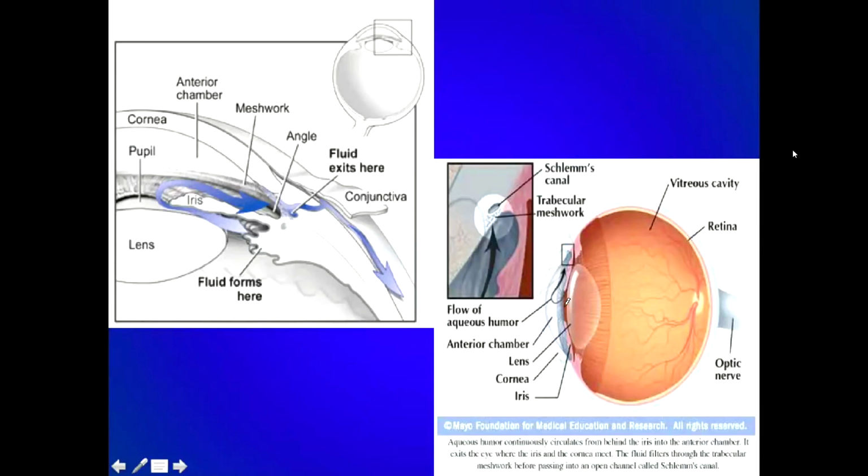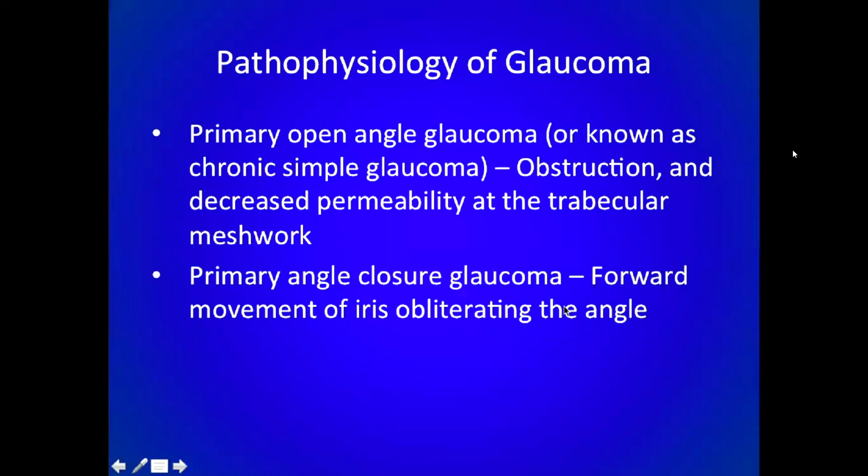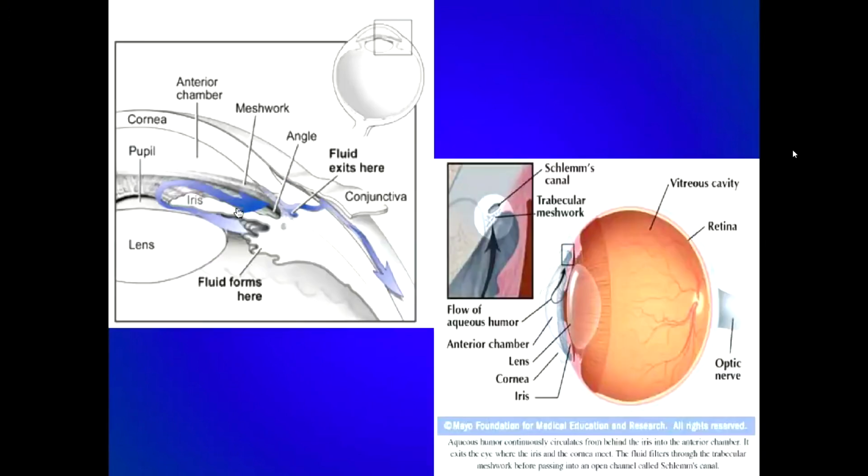Whereas if that is not closed, but the problem is somewhere in the reabsorption, then it is called open angle glaucoma, right? So can you see that? It's just a problem in reabsorption at the trabecular meshwork. Angle is normal. It can spread through that angle. Then of course it is open angle glaucoma. If the angle is closed, then the damage is more and it is called angle closure glaucoma.